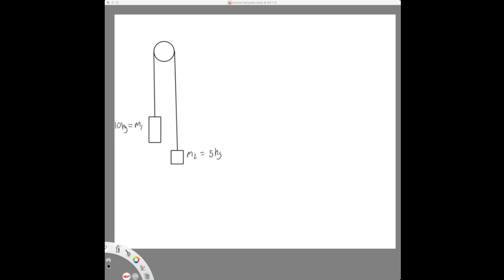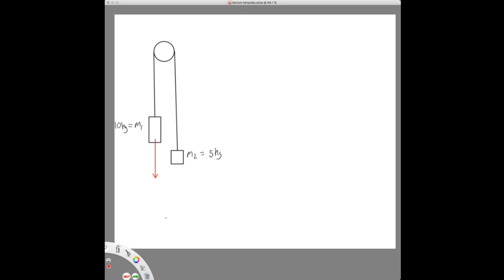So I have a picture, and the first step, as usual, is to draw my forces into the picture. Let's use red for the forces. We will have a force of gravity 1 here. That's kind of big because we have 10 kilograms. And here we will have a force of gravity that's about half the size because it's 5 kilograms.